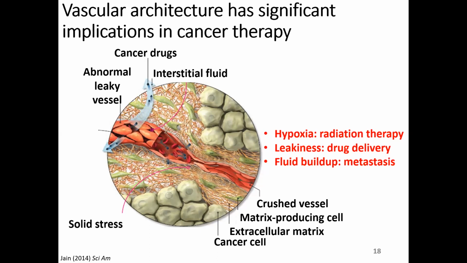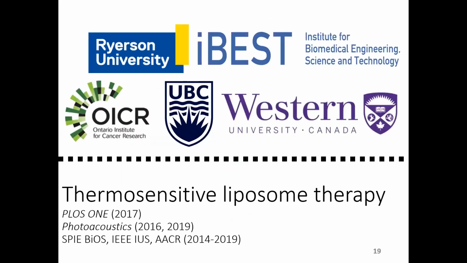So all in all, photoacoustic imaging has a lot to offer to cancer treatment monitoring, once again, due to its high contrast, its ability to obtain functional information, and most importantly, the fact that tumor vessels play a significant role in treatment monitoring.